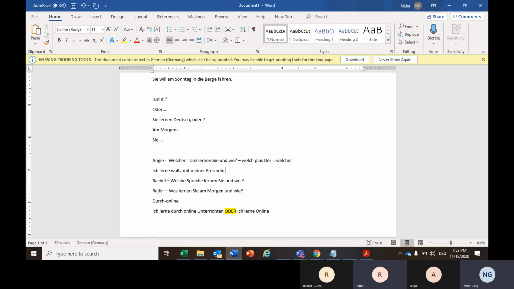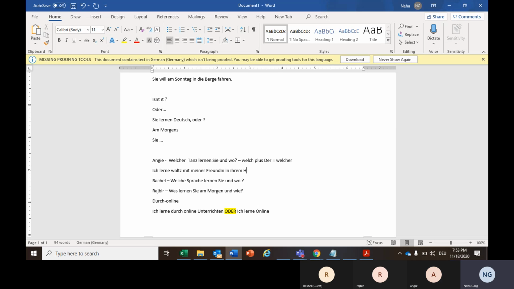So here, when you are writing with mit, the Freundin, the article will change to meiner. So this is a dative case, dative preposition, which we will be learning in coming classes. Since you have used the word, I'm just saying it as of now for your reference. Like in accusative, articles change; in dative also they get changed. And with mit, the article changes to meiner. So mit meiner Freundin.